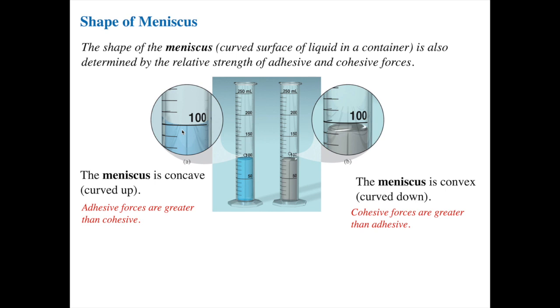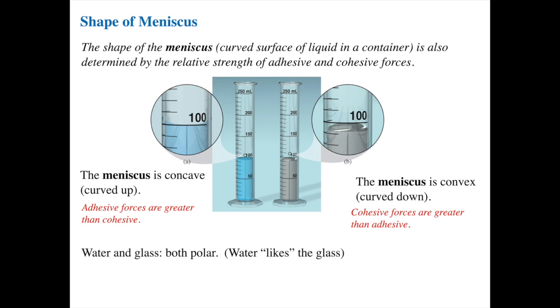The water is attracted to the surface of the glass, and it climbs up on the sides. In the middle, it's not touching the glass, so we get this curved up shaped concave meniscus. Mercury, though, is not attracted to the glass. It's very different. It's nonpolar, and so in a way it's repulsed by the surface, and you see the meniscus curves downward.